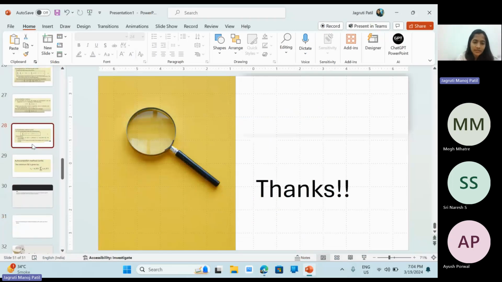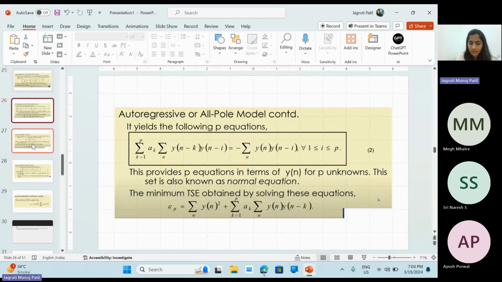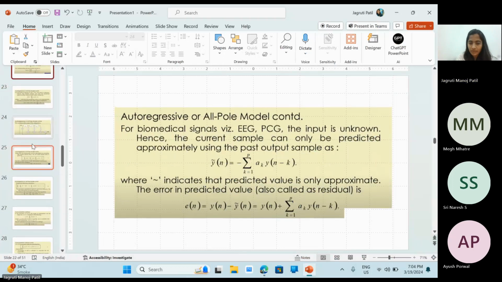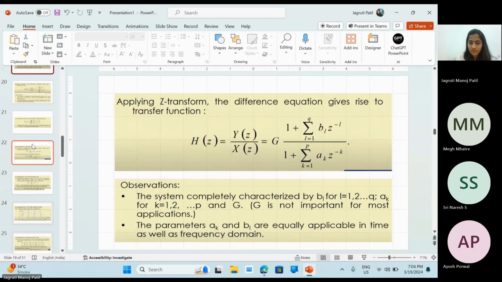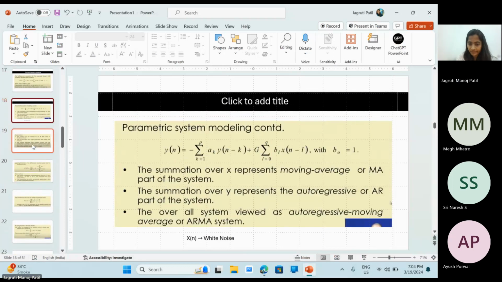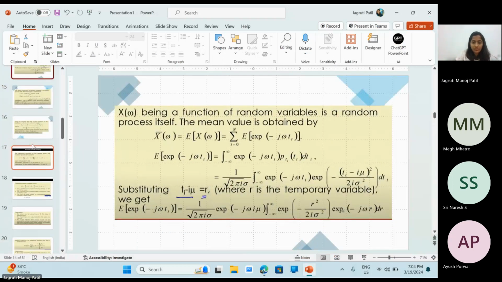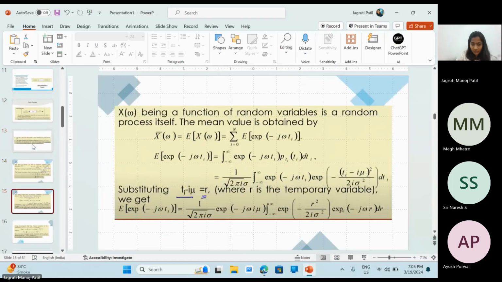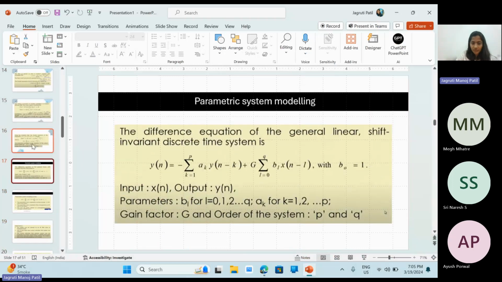Where you got it is the accurate point. It was for the ARMA only. Computed as modeled as this. Here it's not there, right? Wait. An autoregressive process, ensemble average.